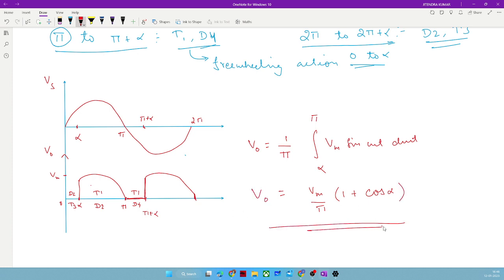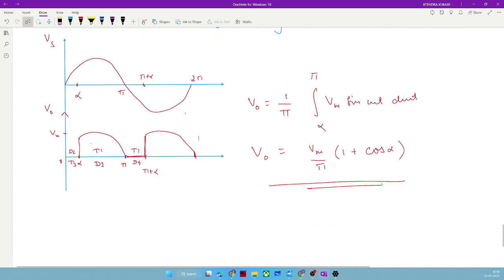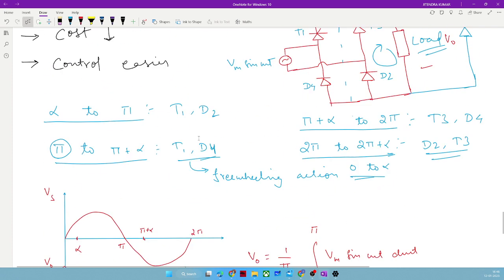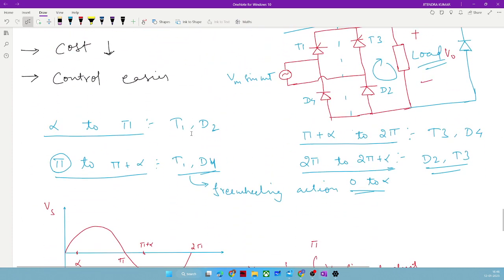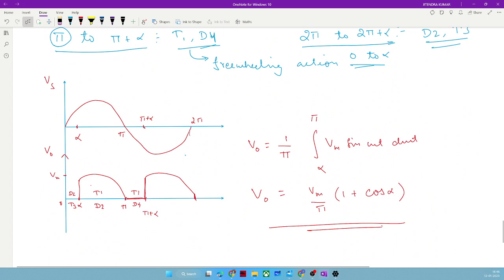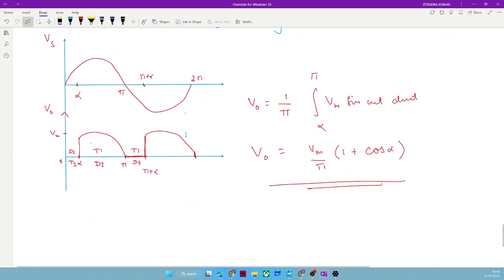So that was all about the output voltage waveform. Now we need to find some more things, known as source current, THD, and so on. First we will compute the source current waveform or the RMS value of source current.